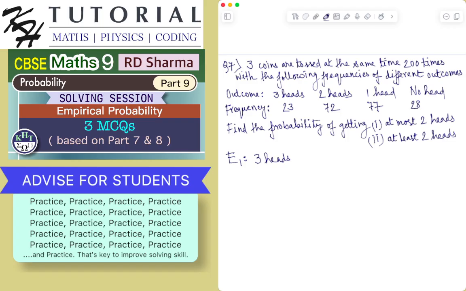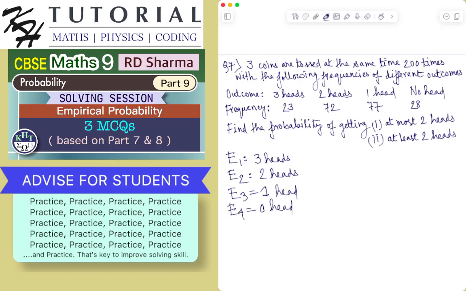That is what I am naming the event to be, E1. Similarly, let E2 be the event 2 heads, that is, 2 heads will show up when I toss 3 coins at the same time. Similarly, E3 be, sorry, E3 be 1 head, and let's say E4 be 0 head.